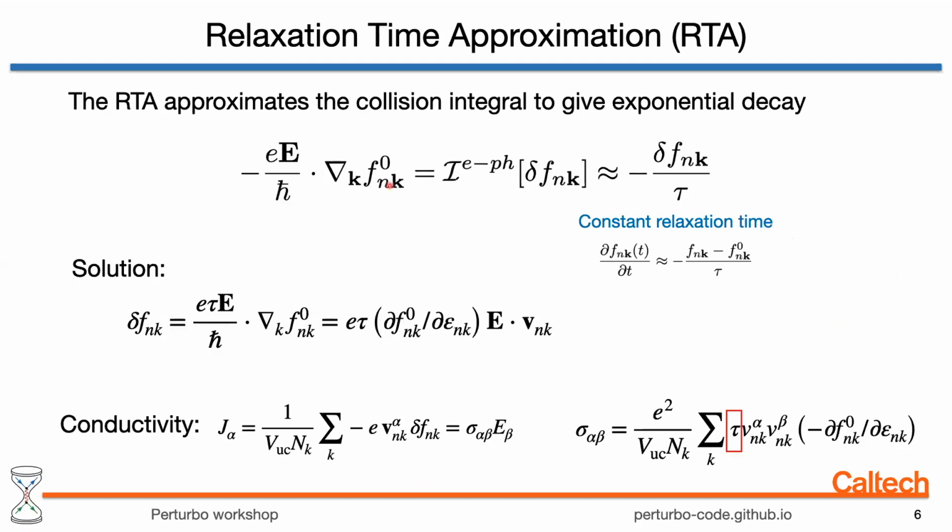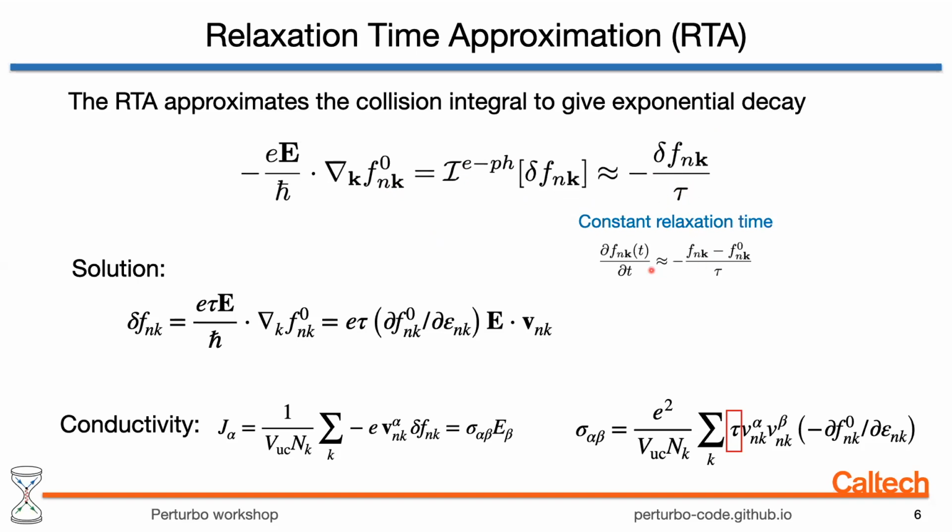But in reality, there are multiple methods of doing this. The most simplistic method is to use the relaxation time approximation. What the relaxation time approximation does is approximate the electron-phonon collision integral into this very simplistic form here. The physical intuition behind this is that we have a constant relaxation time.